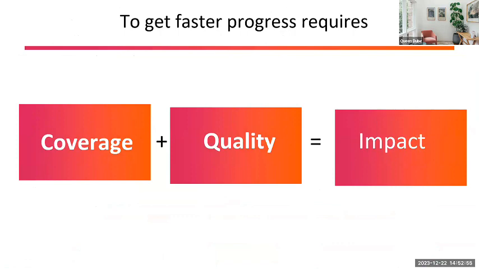So we set up units, we open other hospitals, we set up community systems, and many times the quality piece is lagging behind. And if we just focus on coverage and not on quality, we will never get impact. You need to have the right combination of coverage plus quality for us to be able to see impact.